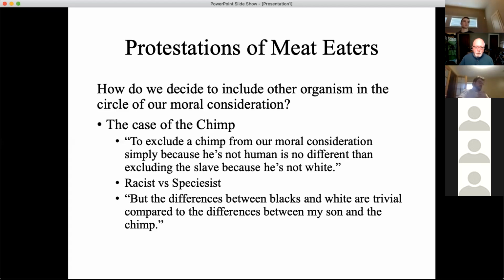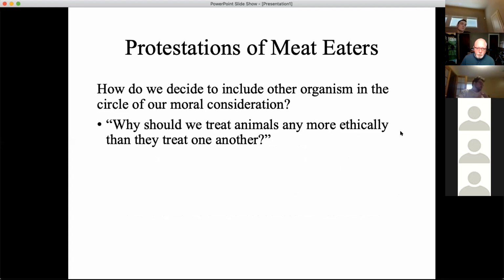Could you say that we don't need to hurt them to survive in a way? Okay, so one argument might be that even though animals out in nature will hunt and kill one another, there's no absolute need for us to behave that way.